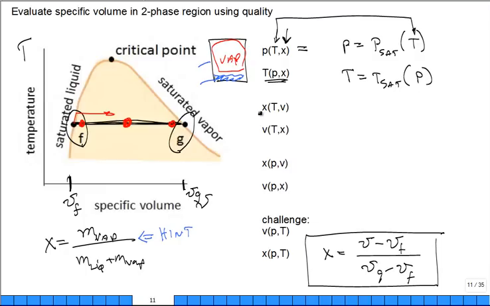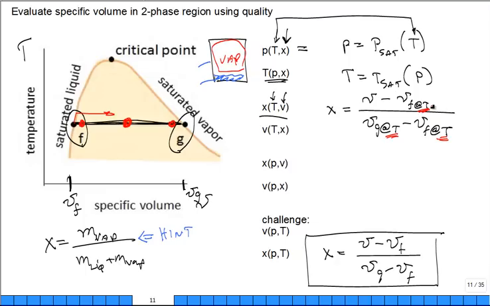All right, how about if I'm given specific volume and temperature, and I want to get the quality? V, the given specific volume, minus V sub F at that temperature, divided by V sub G at that temperature, minus V sub F at that temperature. Often we don't write at that temperature. You just know saturated liquid and saturated vapor specific volumes are functions of temperature.